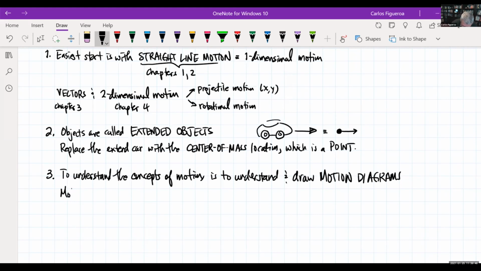Motion diagrams are a collection of dots. Okay? A motion diagram is a collection of dots. And so it's these dots that we really, really want to understand. So that's where I'm headed towards. It's these dots.